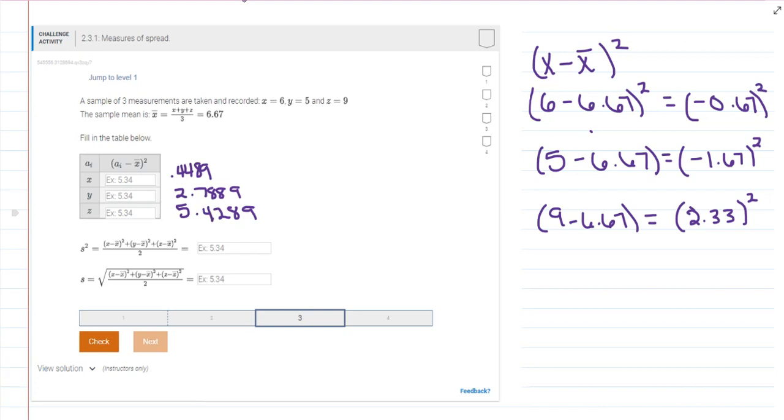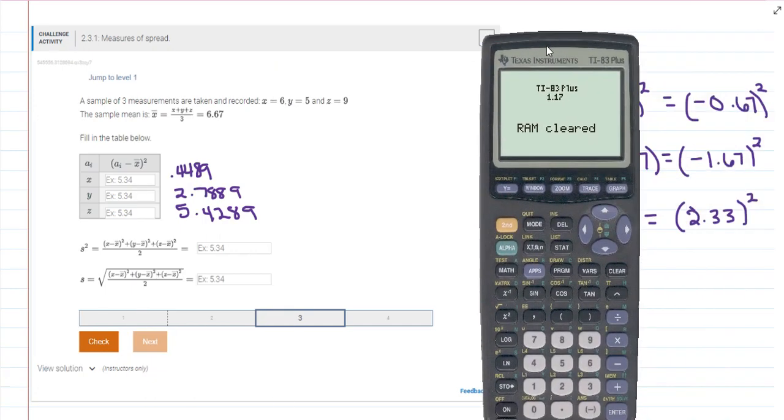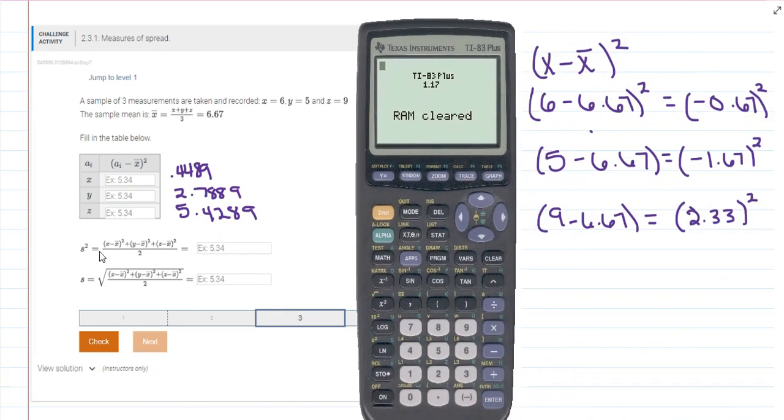Now let me see if I can bring my calculator up on the screen here for this next part. All right, I got my calculator working, so I'm going to bring it over here. And this next part here, we have S squared. So this S squared, that's going to be the variance. And then S is the standard deviation. And this is for a sample, not a population.